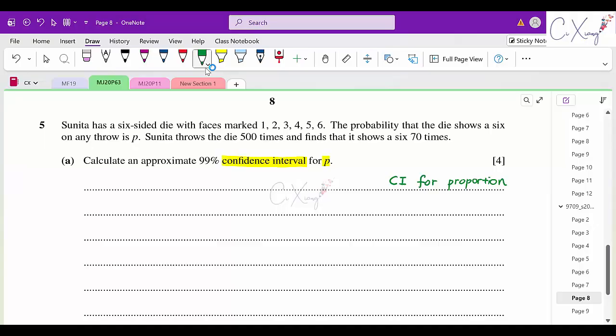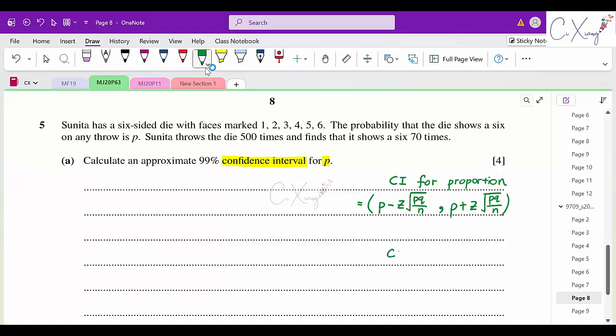The confidence interval for proportion is like this: you need the p from a sample, then minus z square root of pq over n. Then the upper limit will be p plus z square root of pq over n as well. This is the confidence interval for proportion.